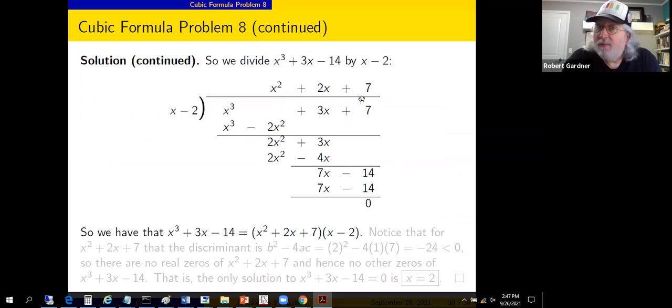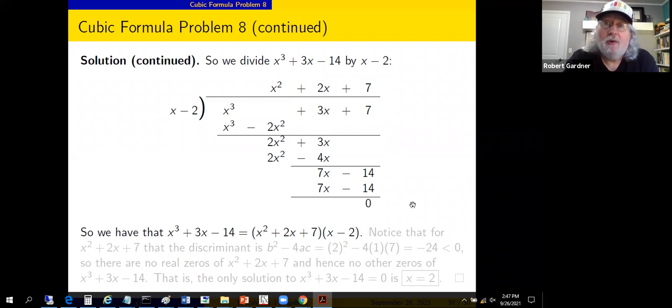Do the long division. That will produce this quotient, this remainder. That means x cubed plus 3x minus 14 factors as x minus 2 times that quotient. That is a quadratic. Can you solve that? You've got the quadratic equation.